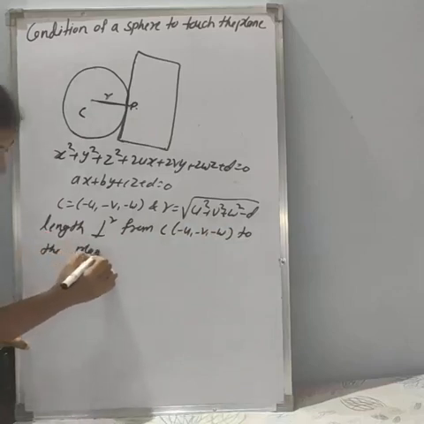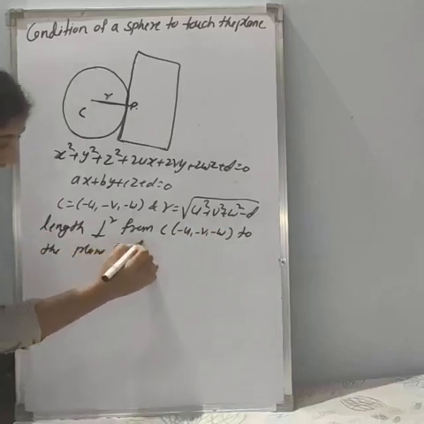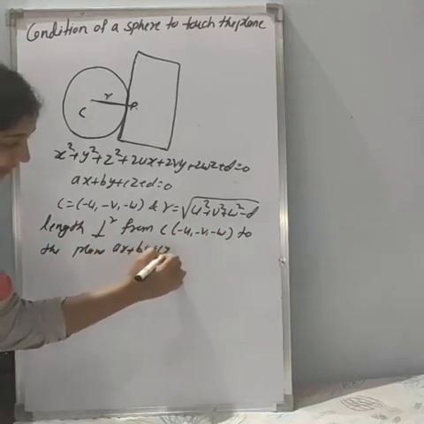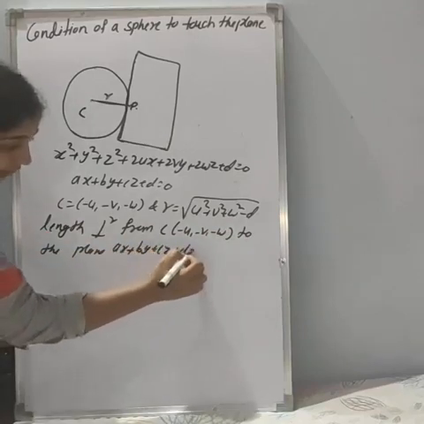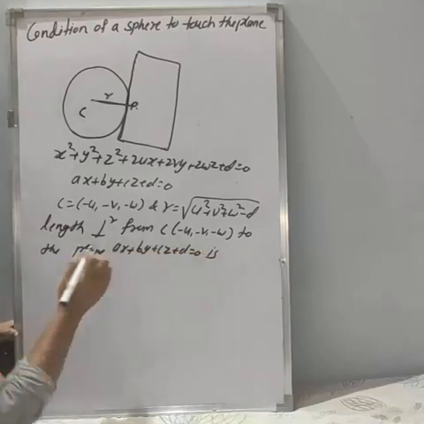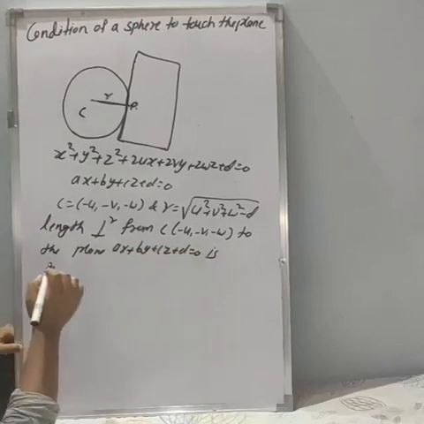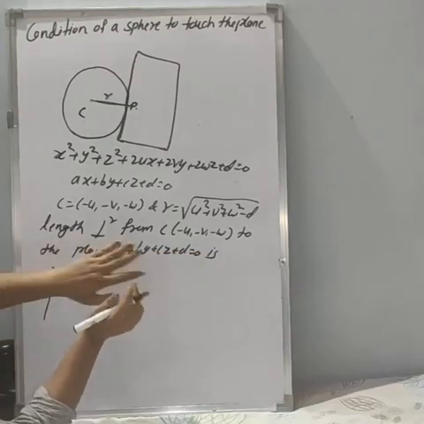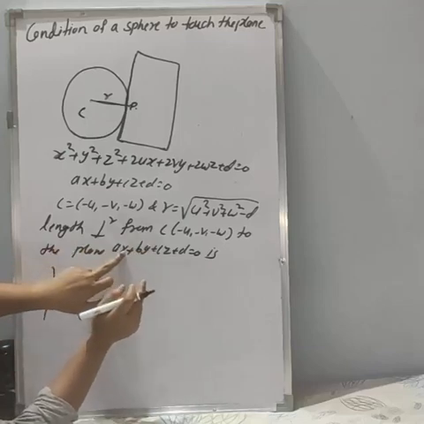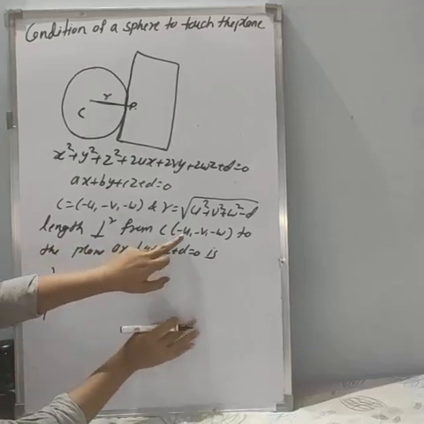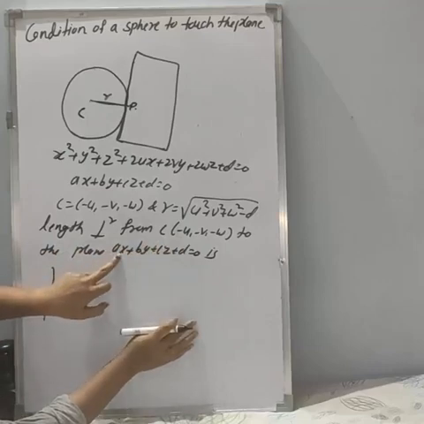What is the equation of a plane here? ax plus by plus cz plus d is equal to 0 is given by modulus of, we have to substitute the x, y, z value, which is minus u, minus v, minus w, in this equation.